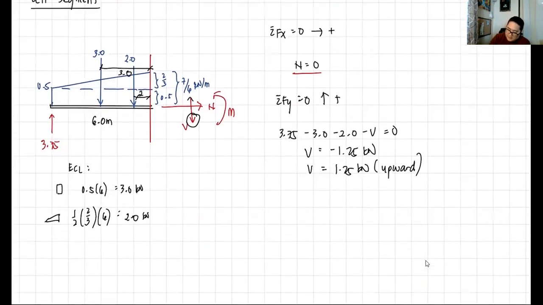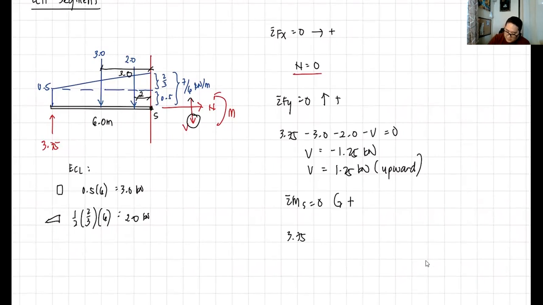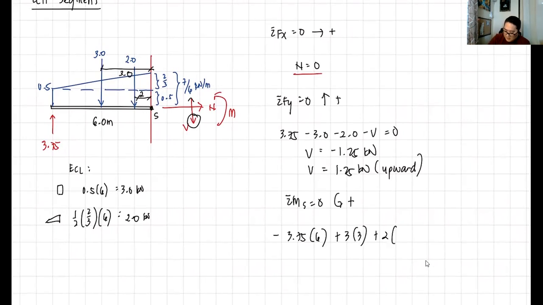Okay? Then, moment tayo. Summation of moment. Assume ko to as letter S na lang. S is equals to 0, taking counterclockwise as positive. So we have yung 3.75 will produce a clockwise, so negative siya, times 6 plus 3 times 3, yung ating sa rectangular, plus yung sa triangular natin, times 2.